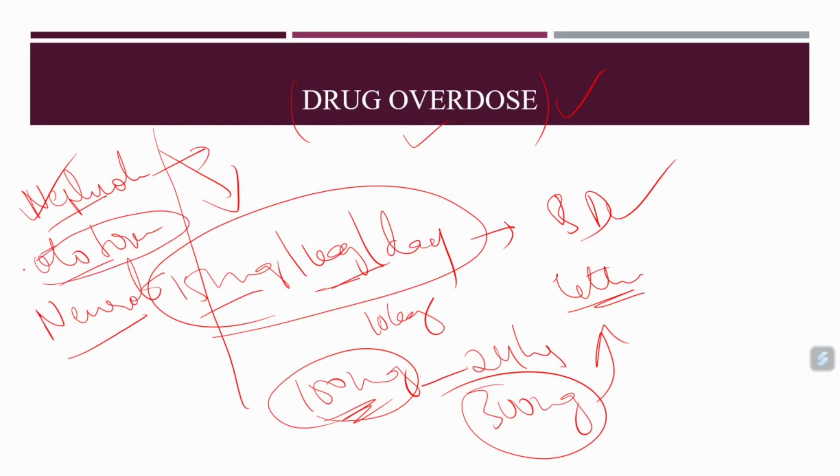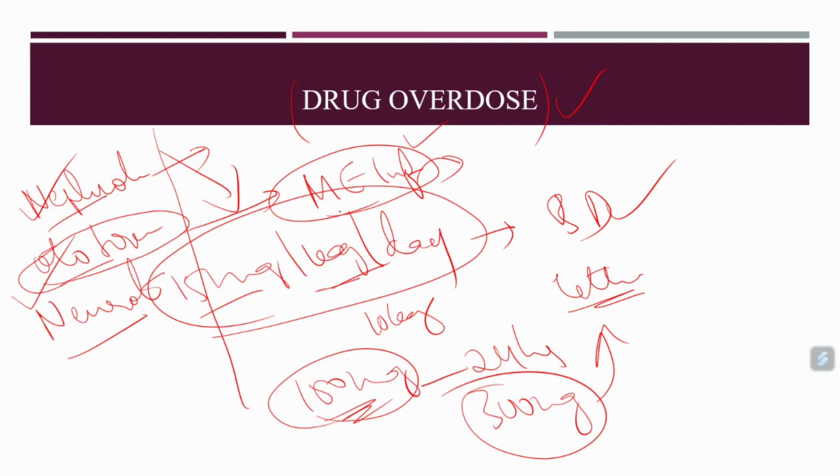And for ototoxicity, if anybody has a disorder in the cochlea or ear related disorders, or a middle ear infection, the nerves in the ear are already very sensitive. In those cases, if an overdose of amikacin is given, it will cause ototoxicity. So the patient will become deaf.